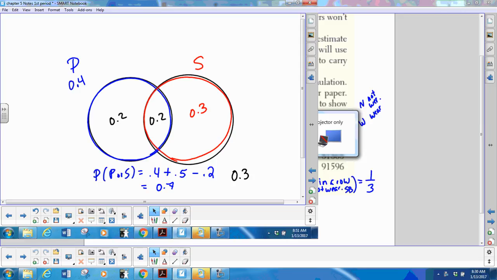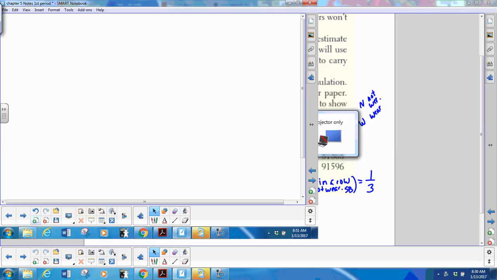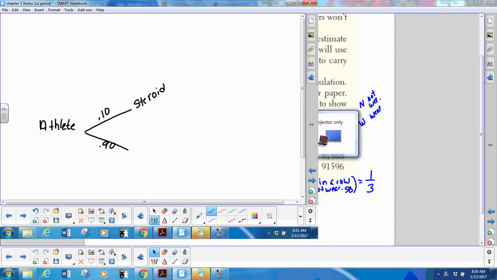Okay. So, to me, the hardest part is reading through all that, but we know we're starting out with an athlete. 10% have actually used steroids. 90% have not.